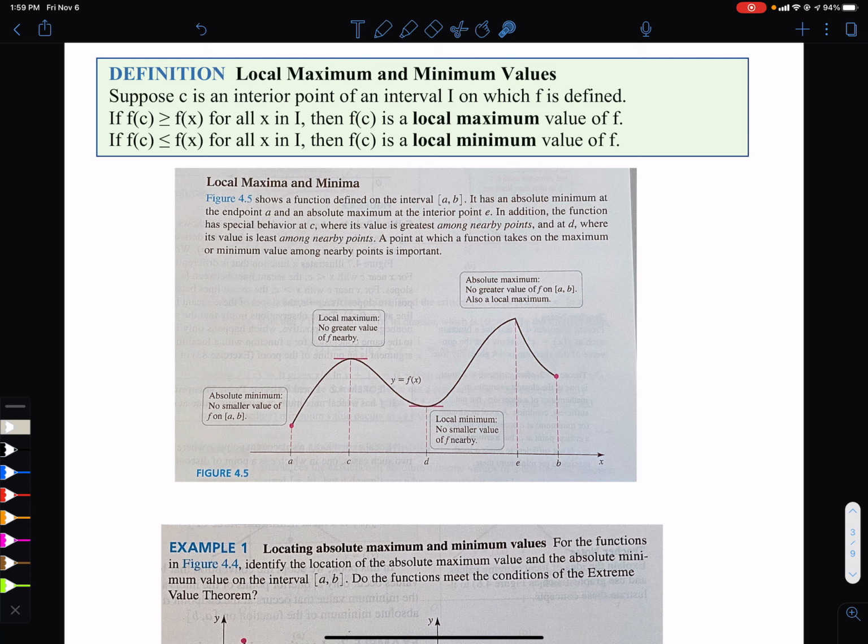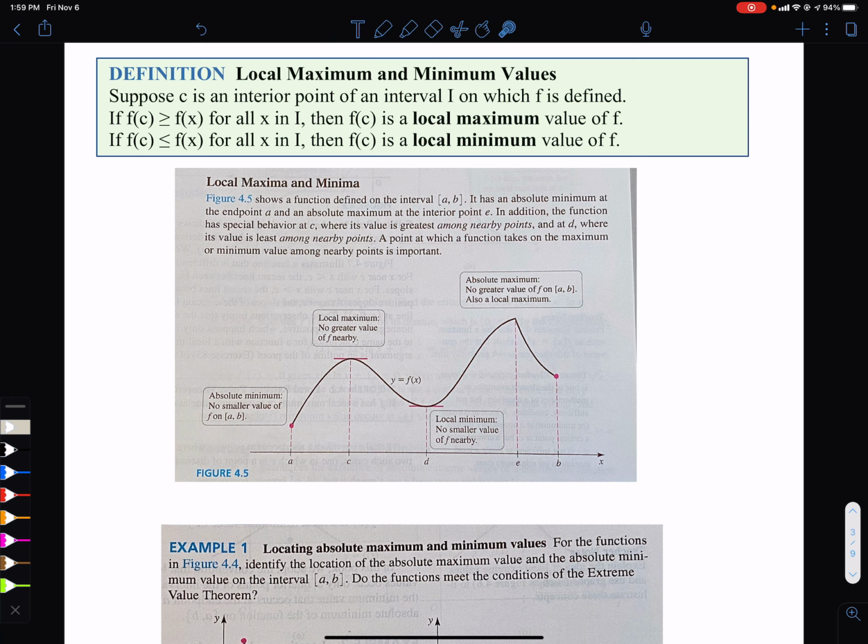First, we did absolute max and min. Now local. What's a local maximum and a local minimum? Another word for local, sometimes they say relative maximum, relative minimum. So the difference between absolute max and local max, let's look at my classroom.